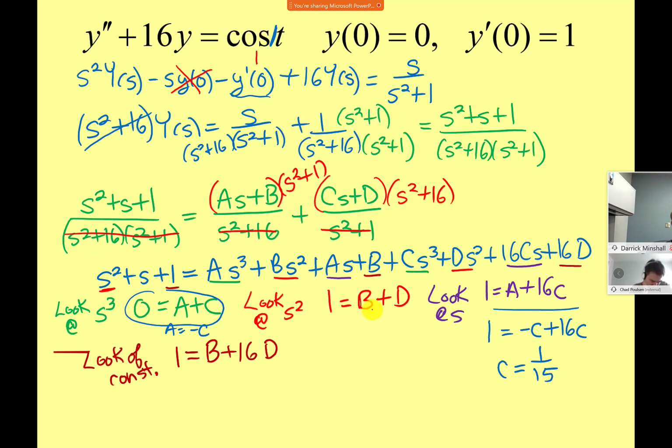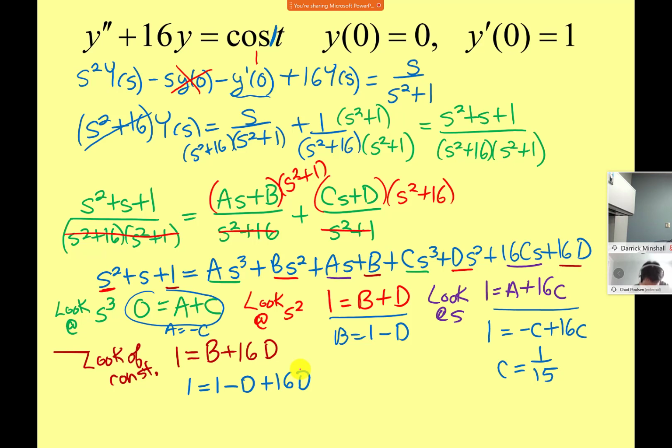Now let's do the b's and d's. We're going to do kind of a similar thing. Let's solve this simpler one. Let's find out what b is. B equals 1 minus d. So we'll put that in right here. 1 equals 1 minus d plus 16d.